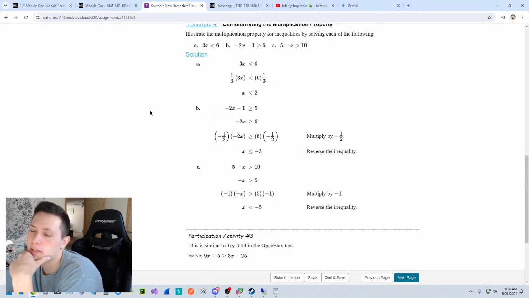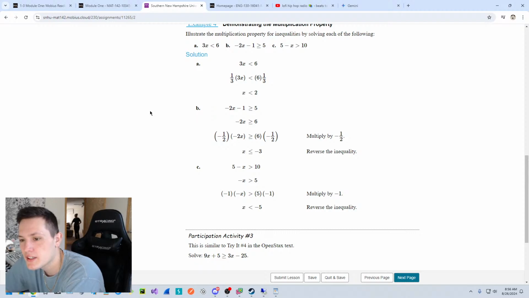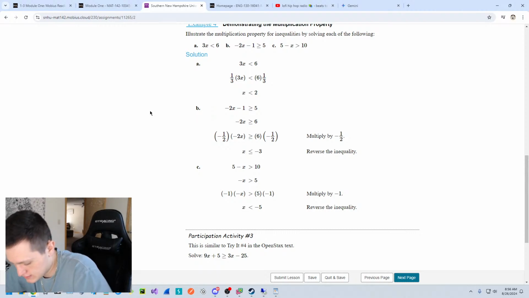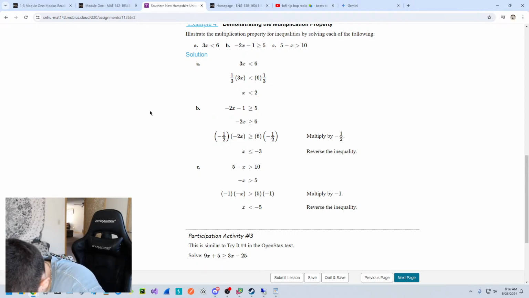Oh, wait, Shauna. I think I know what they did. You keep your 2x, and then to get rid of 1, you just add it to the other side, so then your 5 becomes a 6. When you transfer a number from one side to the other, I think it becomes a positive. Doesn't that make sense, though?